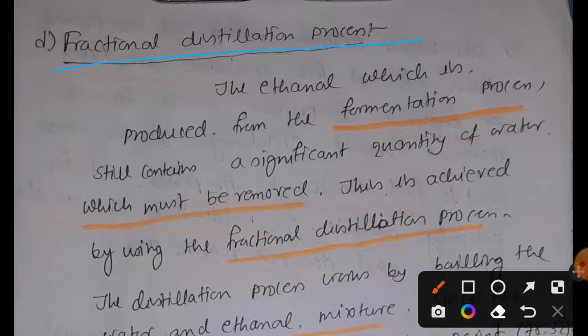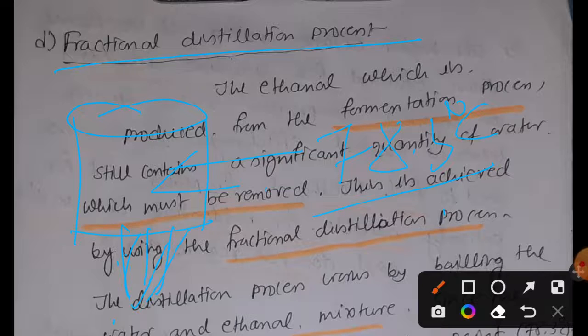This fractional distillation process is nothing but simply we will boil the solution containing water and ethanol. Now we all know that ethanol has a lower boiling point, which is 78.3 degrees centigrade, as compared to water, which has a boiling point of 100 degrees centigrade, right?